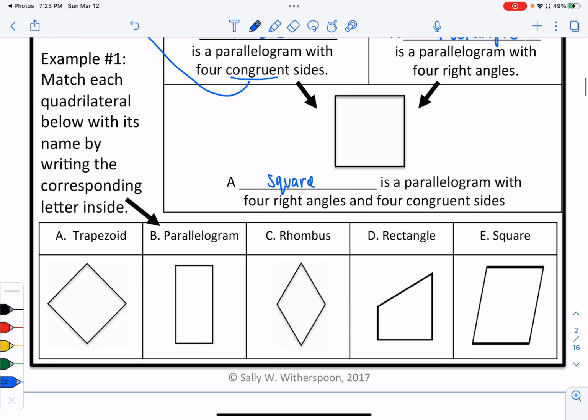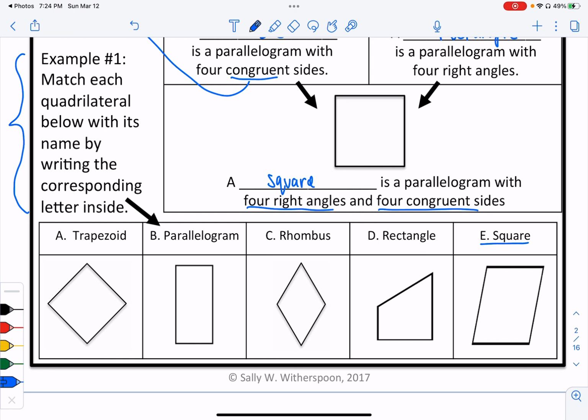Okay, what it wants you to do here is this. Example 1: match each quadrilateral below with its name by writing the corresponding letter inside. So for example, it wants you to find a square. A square's definition is 4 right angles and 4 congruent sides.